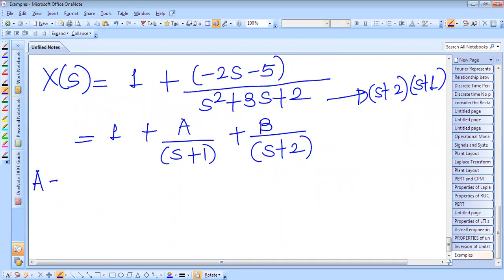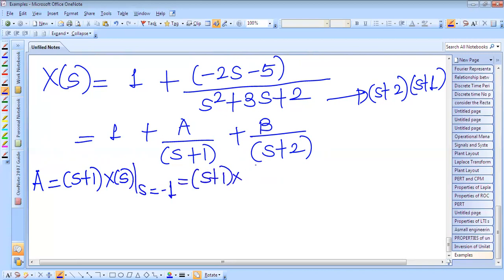A is equal to (s plus 1) into X(s) at s is equal to minus 1. This is (s plus 1) into (minus 2s minus 5) divided by (s plus 1)(s plus 2). This will get cancelled.